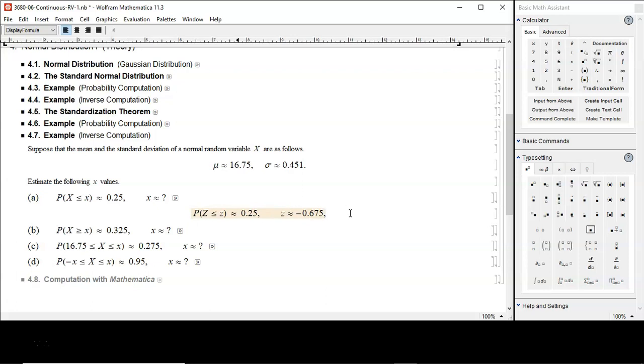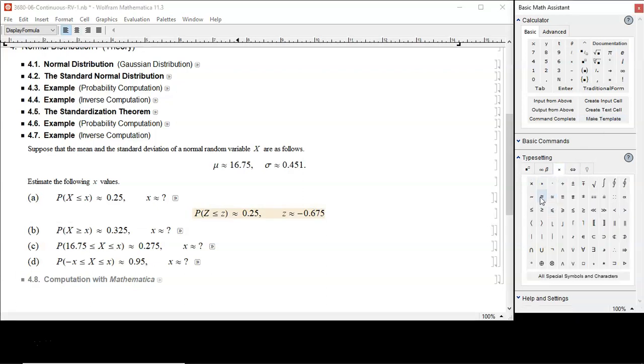So what is x? This z-score is actually x minus mu over sigma.